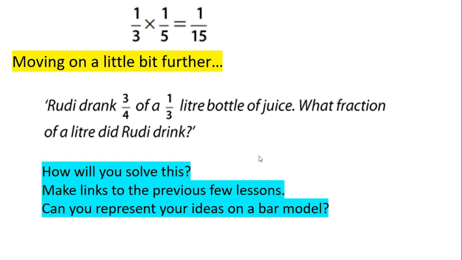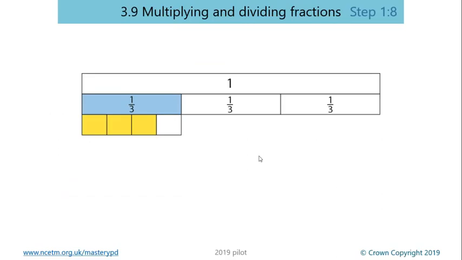Okay, let's go through the bar model. So if you think about it, this 1 represents 1 litre. Okay? Now, in the bottle of juice, there was 1/3 of a litre. So the drinks bottle didn't have a whole litre, it only had 1/3 of a litre, which is why there's only 1 part shaded here.